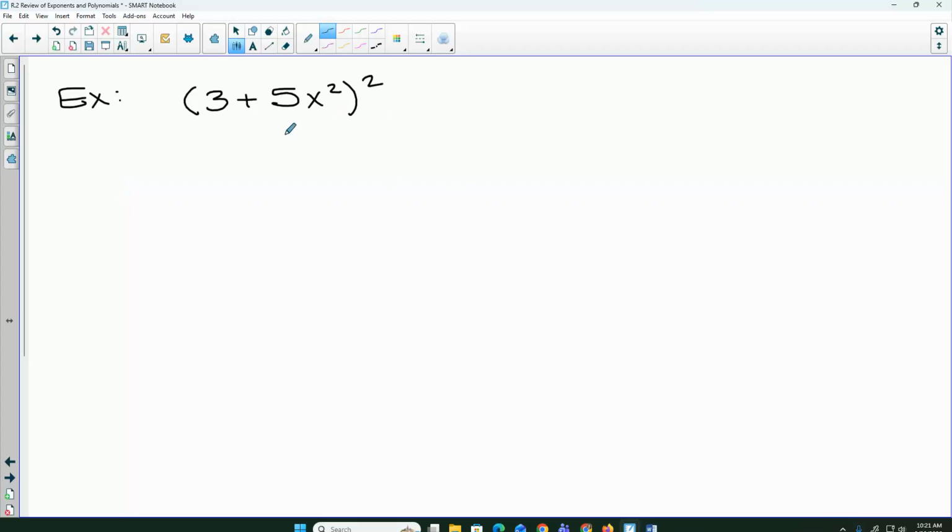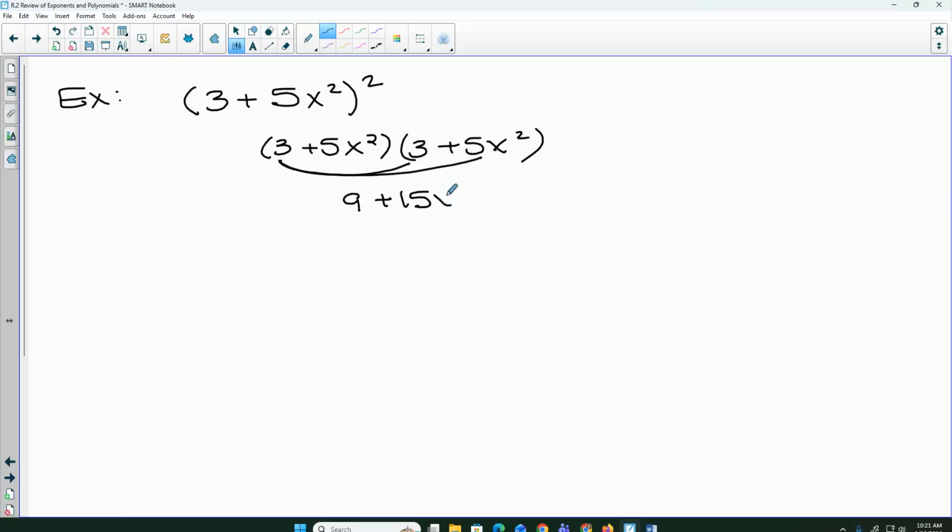It means we have two of this parentheses. So we have to write that parenthesis twice and then FOIL. So we can't just distribute the square. We have two of the parentheses, and then we know to multiply that with FOIL. We get 9 plus 15x squared.